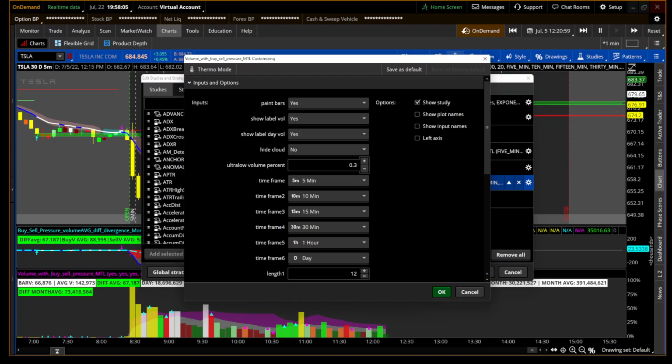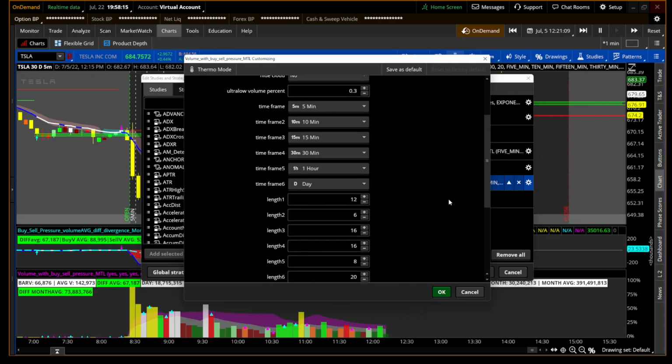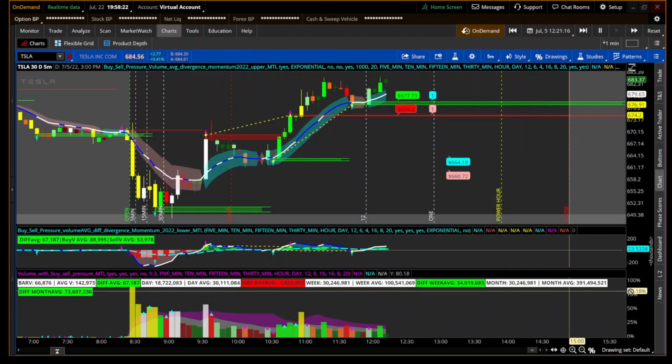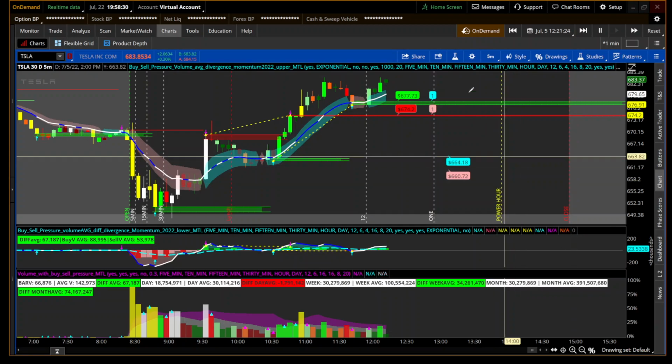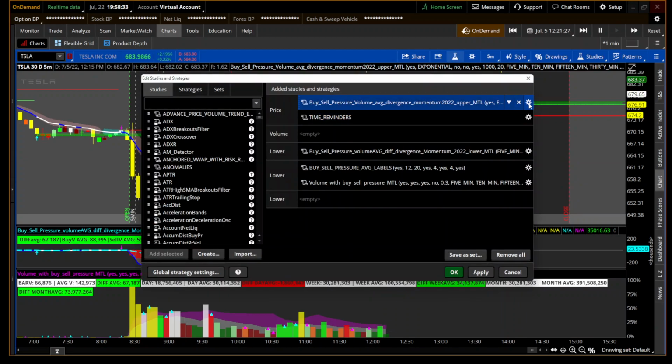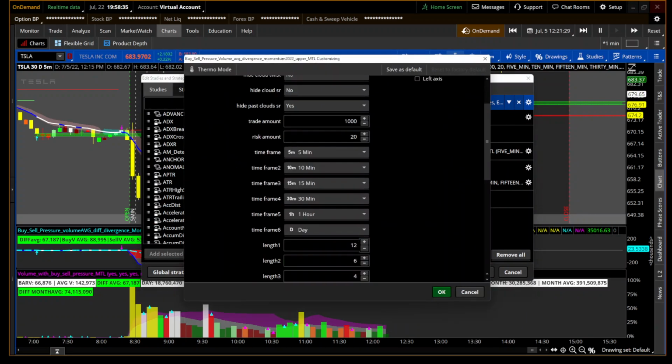And this is the MTL, multi time frame length. If you watched one of my previous videos, I explained this, but for the most part, these lengths are going to correspond with these different time frames. So for me, I like to look at things on an hourly basis. So for the most part, 12 bars on a 5-minute chart equals an hour, and that's why that one is preset for 12.